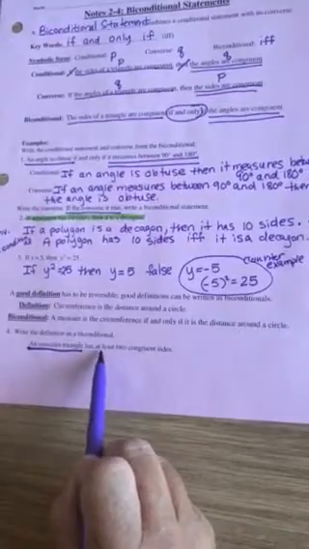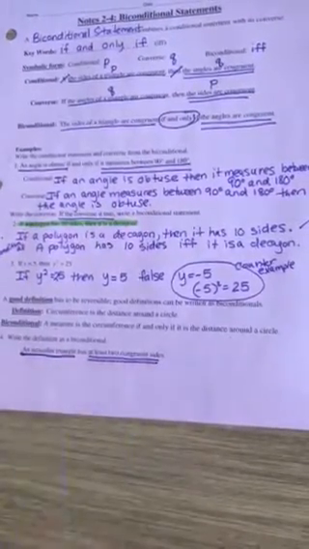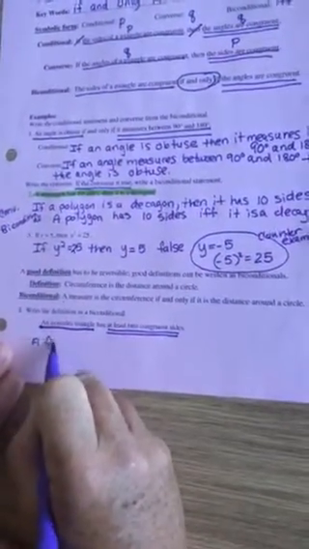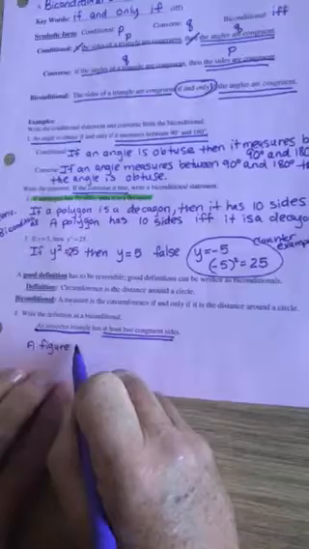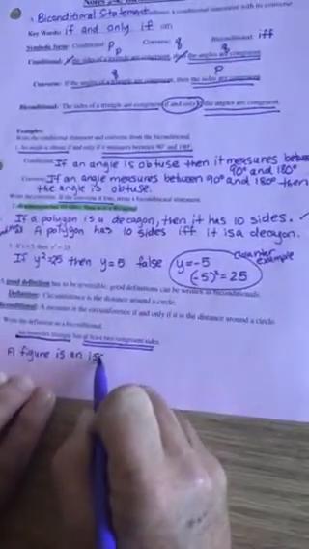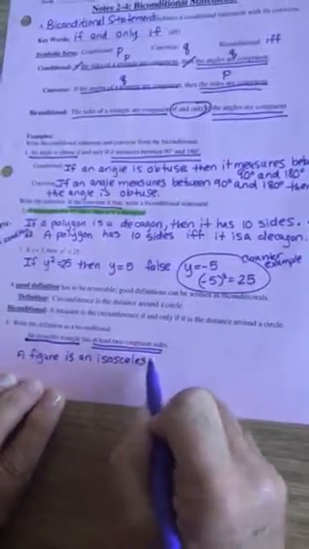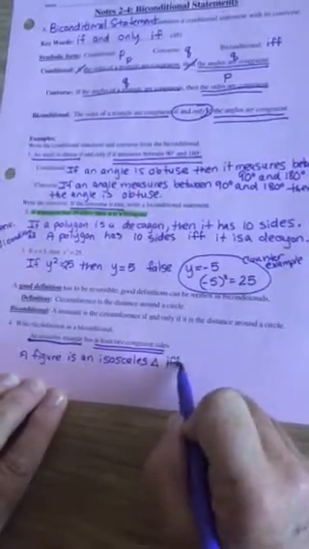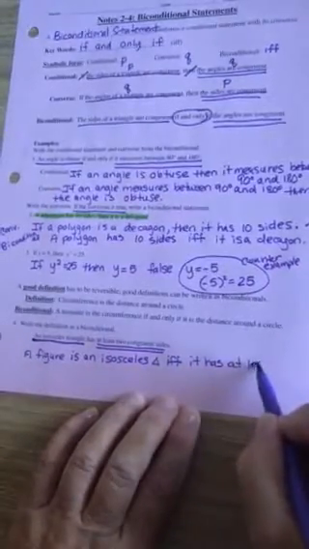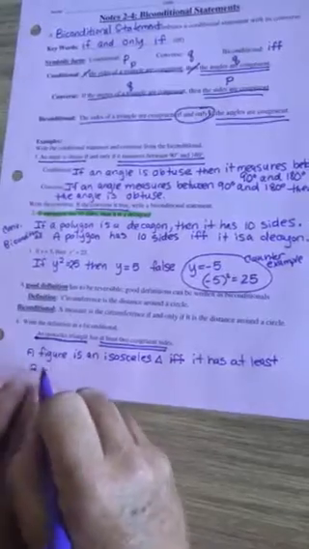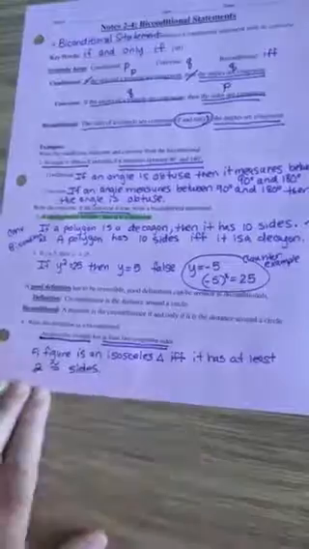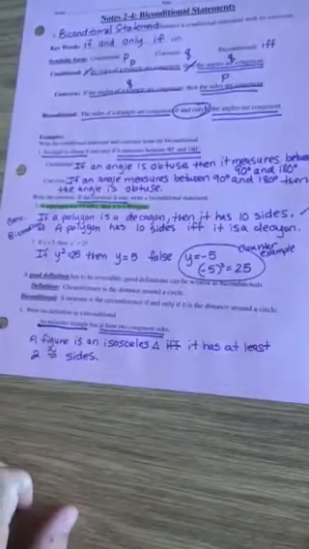We can say a figure or a shape is an isosceles triangle if and only if it has at least two congruent sides. That's a biconditional. Thanks for watching.